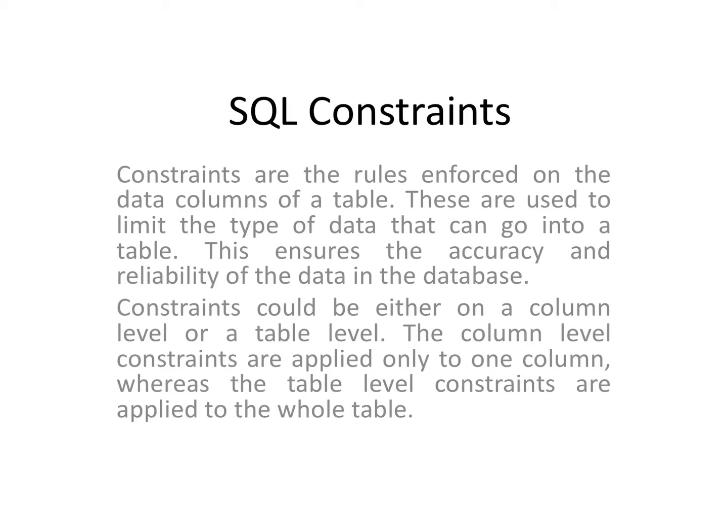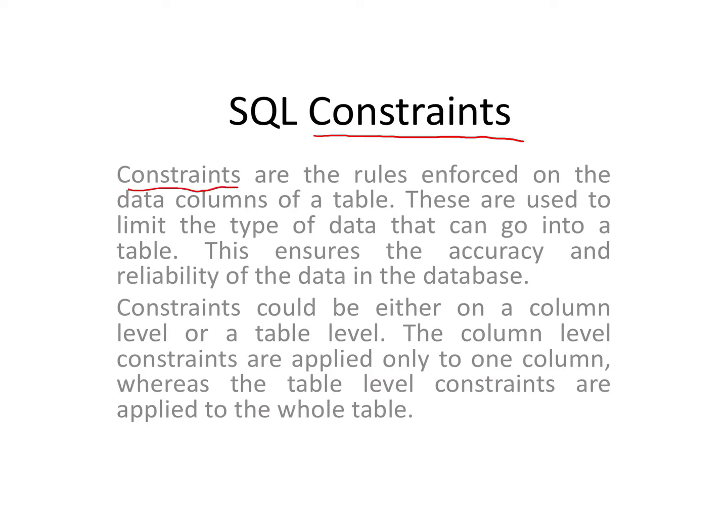Now let us try and understand what we mean by constraints. Constraints are nothing but rules. They are some enforced rules about what kind of data should be put into a certain table. That is nothing but a constraint. So let's read it out for you. What is a constraint?